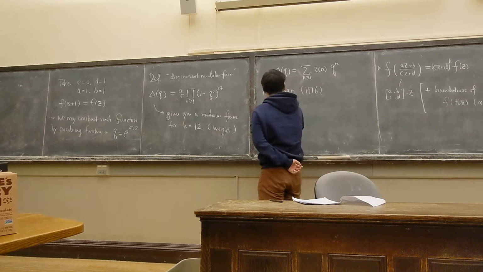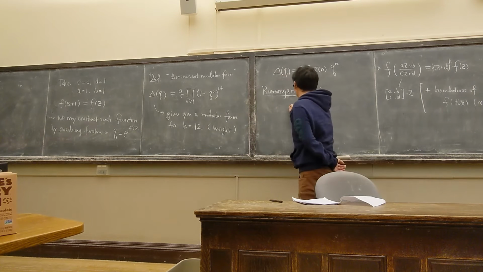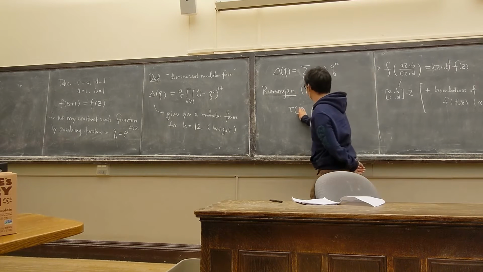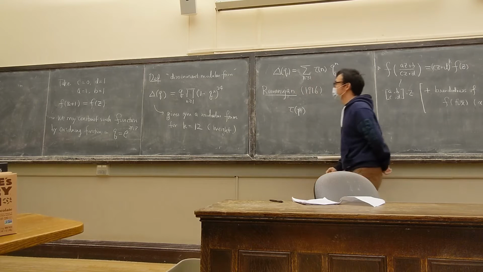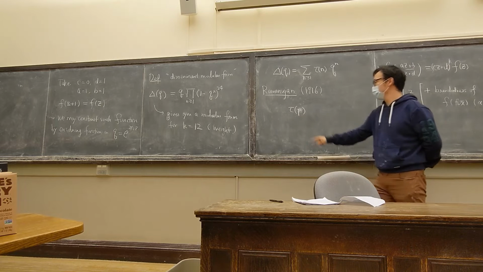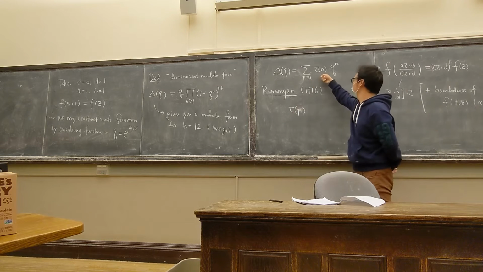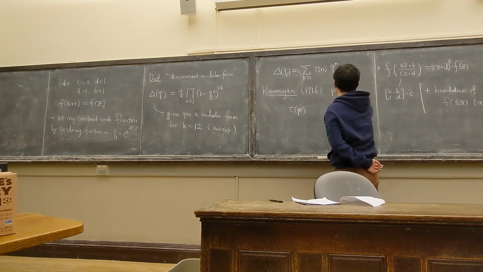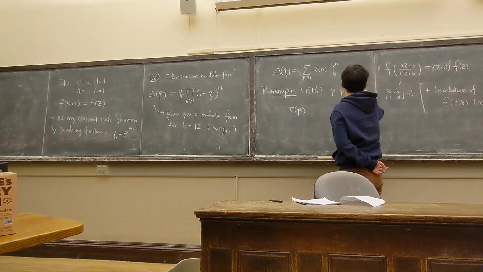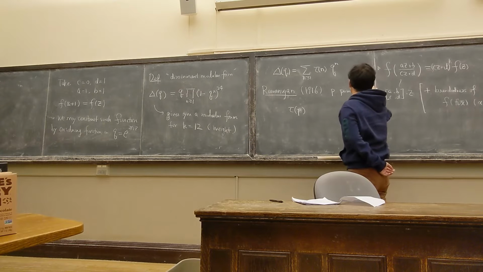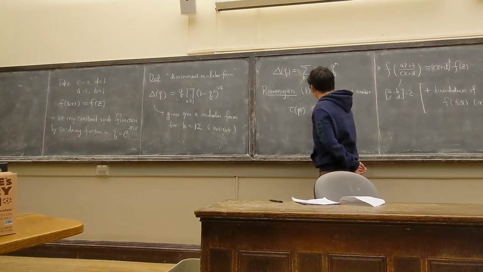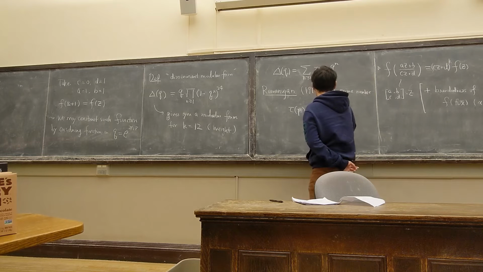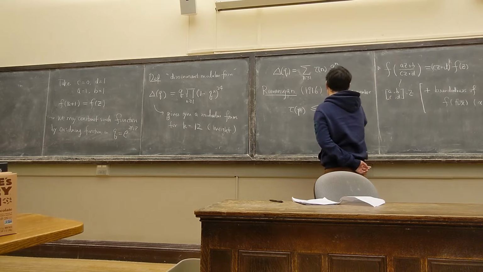And the most famous one, in some sense the deepest one, is the following. If you evaluate tau at p, for any prime number p, then you actually have a control of this. And the bound is given by 2 to the power of 11 over 2.